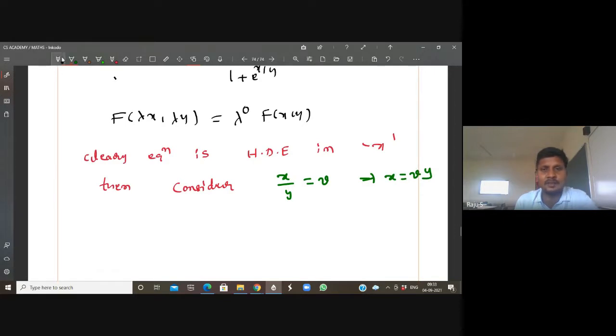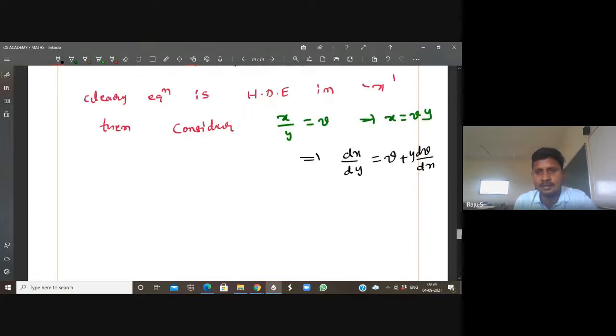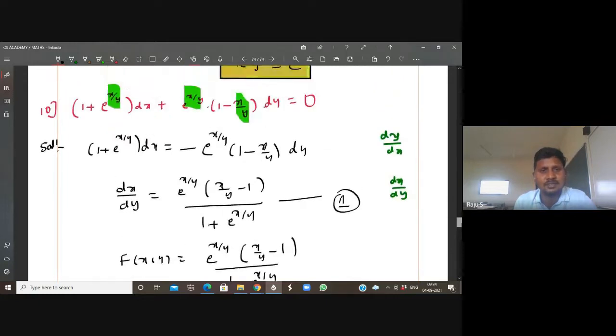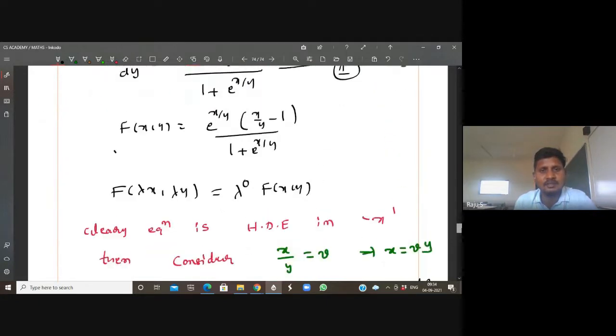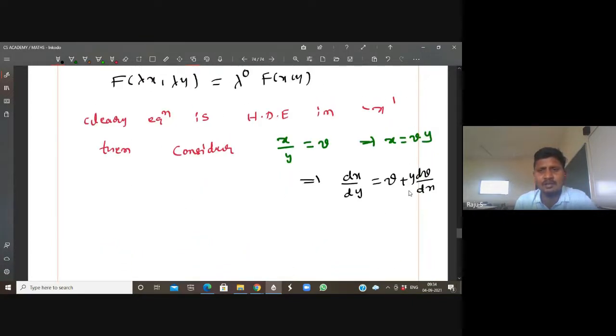Now whenever x is equal to vy, which implies dx by dy is equal to v plus y into dv by dy. Got it? As simple. Dx by dy is equal to v plus y dv by dy. Substitute in equation 1, replacing x by y with v.